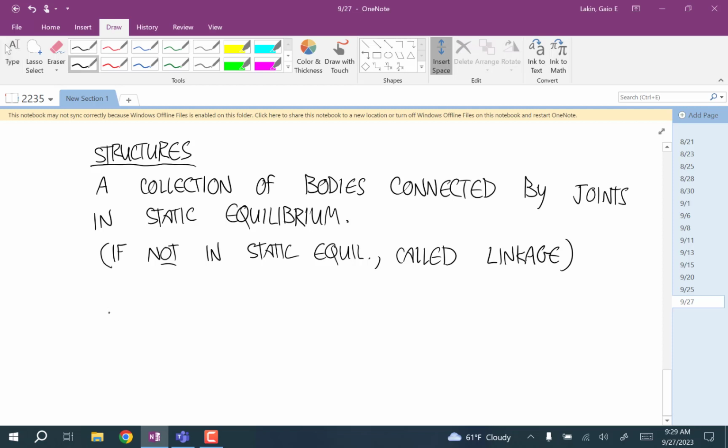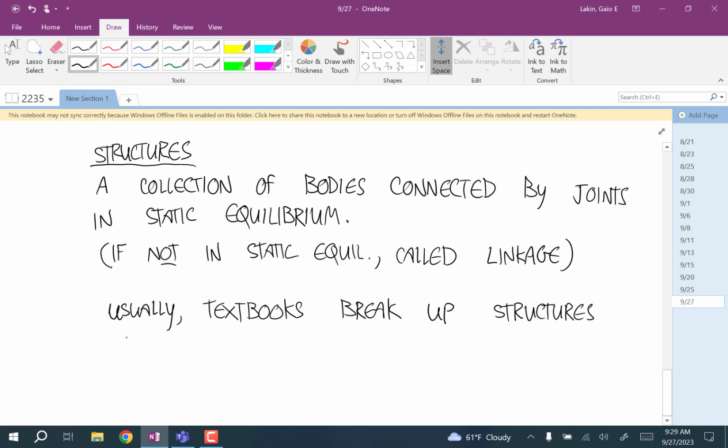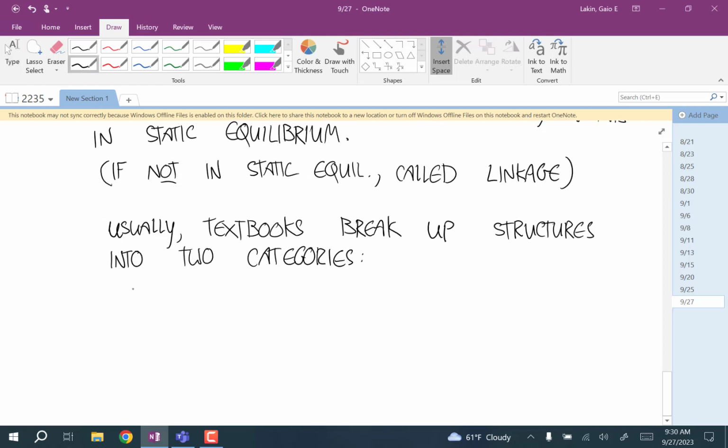Usually the approach textbooks take is they break up structures into two categories. Those are trusses.